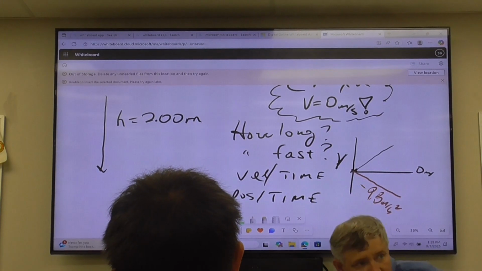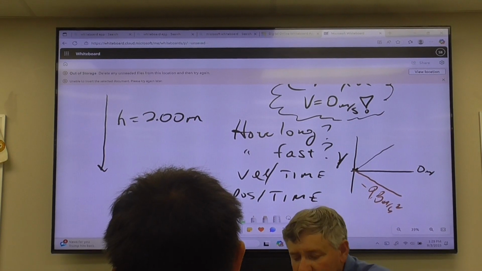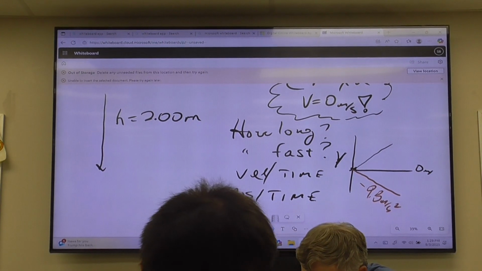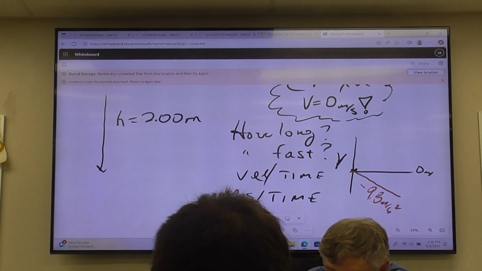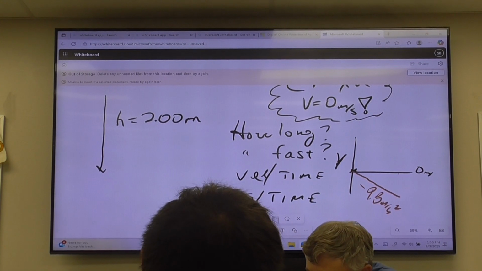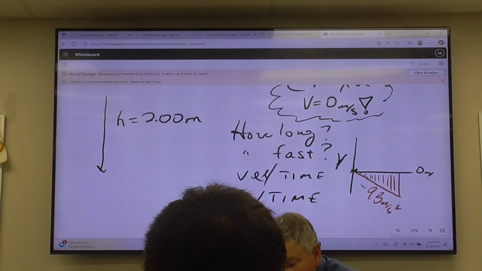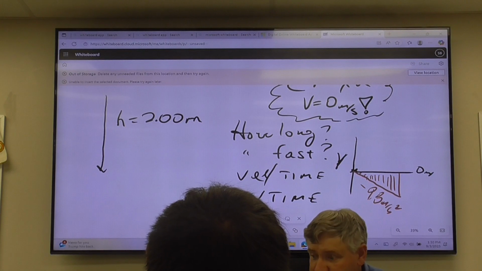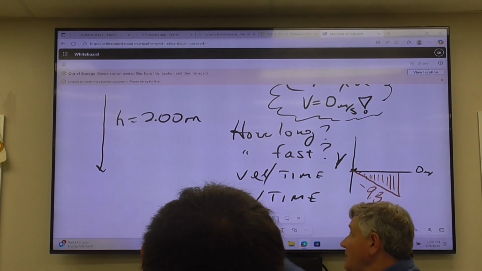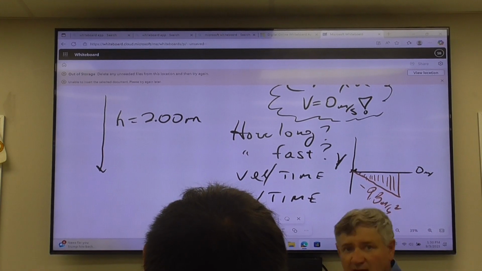Cool with that? Okay. So here's what's going to be important in terms of a big idea, and this gets to what you talked about with the reference point. If you were to find that area, what would the area of that be? Displacement. But it would be a negative velocity multiplied by some value of time.